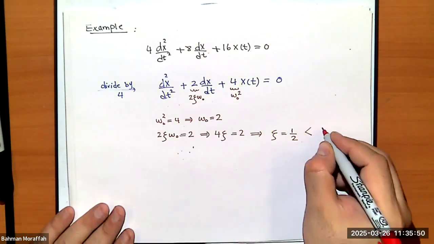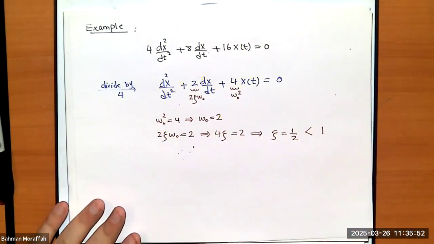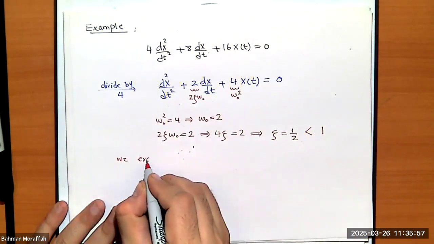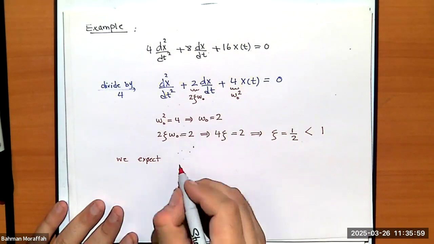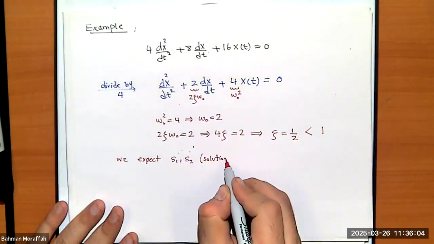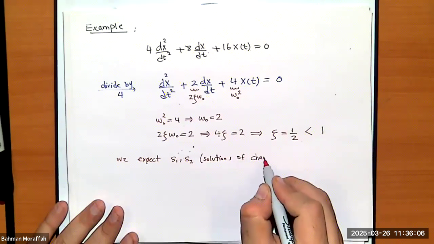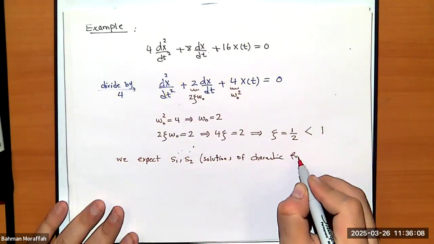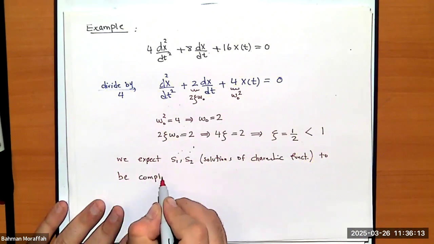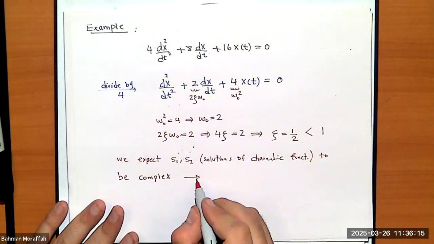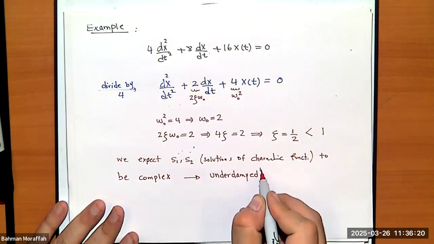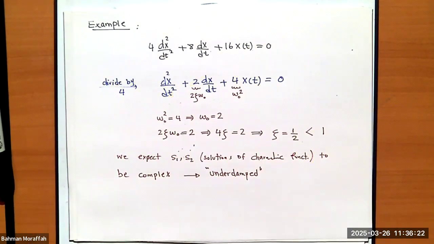Since this is less than 1, we expect S1 and S2, basically solutions of the characteristic function, to be complex. And obviously, I am underdamped.